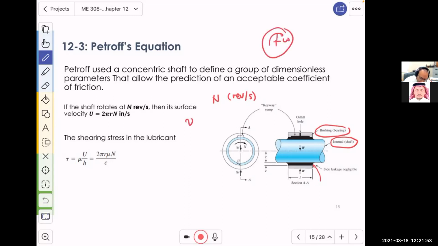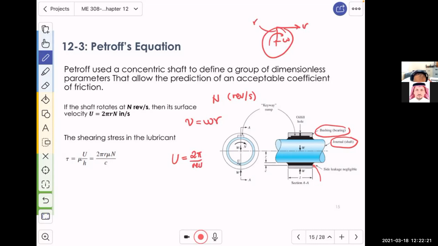This is omega, this is V, and this one is R. V is equal to omega R, correct? So if I say that the velocity is U, and omega is in radians per second, so I multiply by 2 pi, which is in radians, divided by a revolution. That's 2 pi equals 1 revolution.